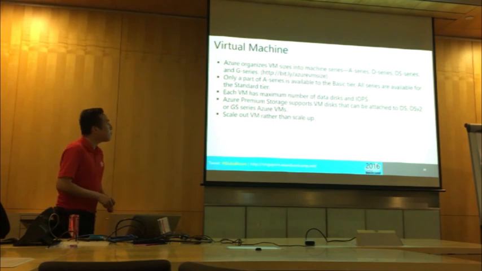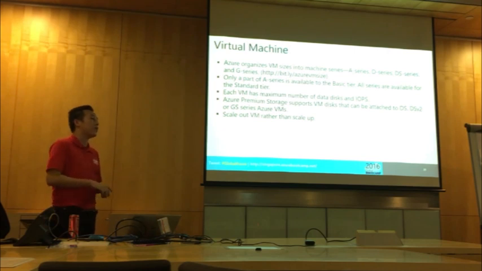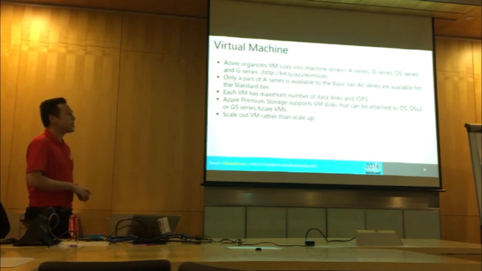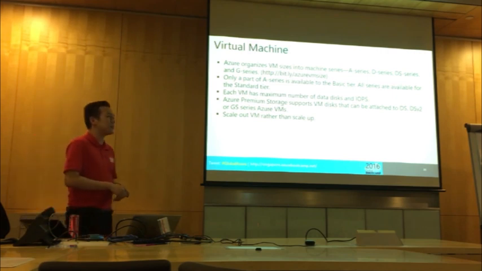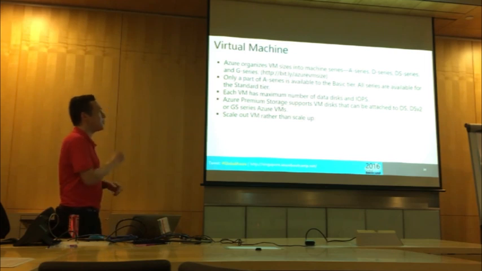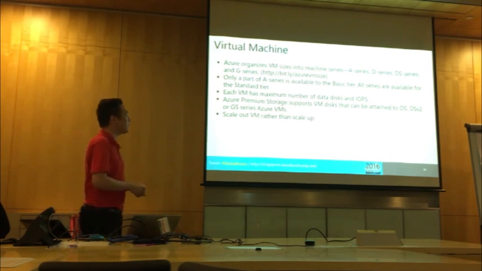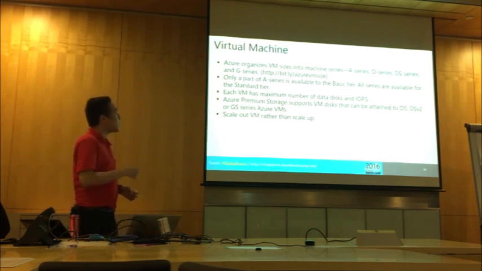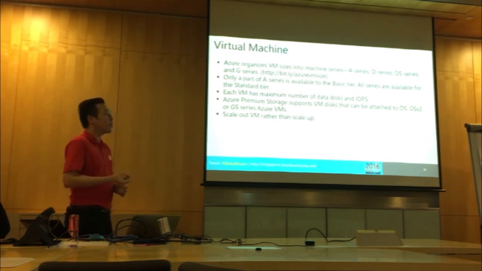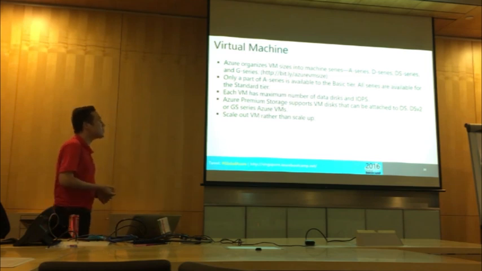Microsoft provides premium storage that gives high performance and low latency. So let's say you have so many content databases that require, let's say, 20,000 IOPS, then you need to think about premium storage. One of the tips for VM planning is don't scale up.